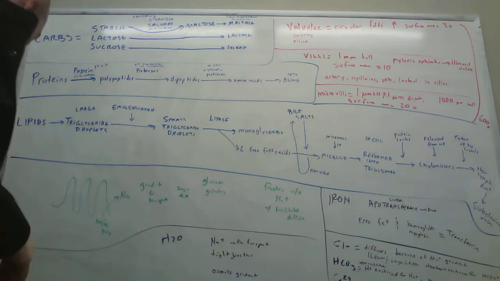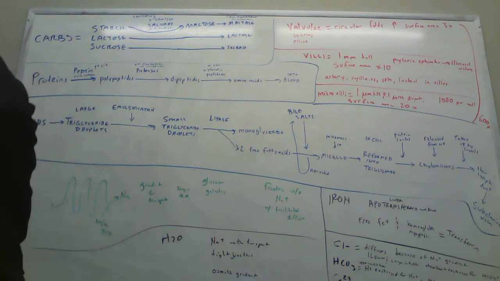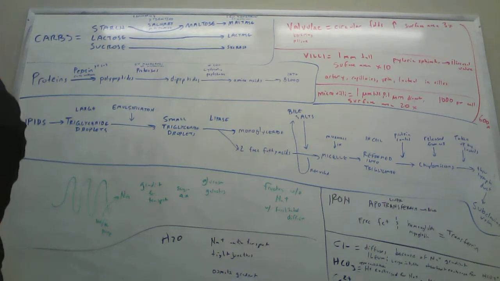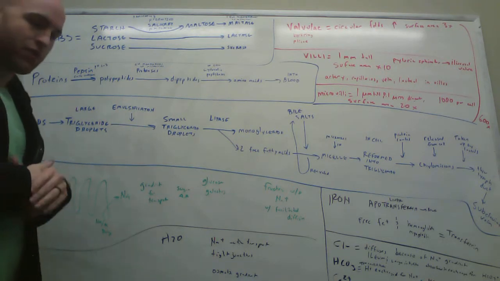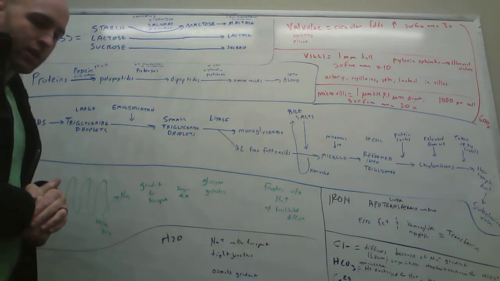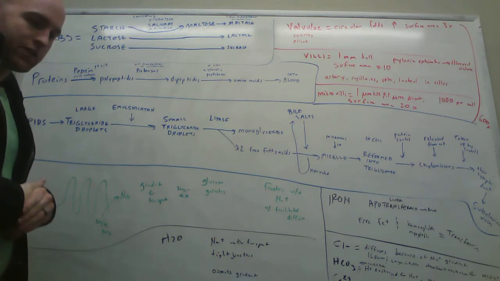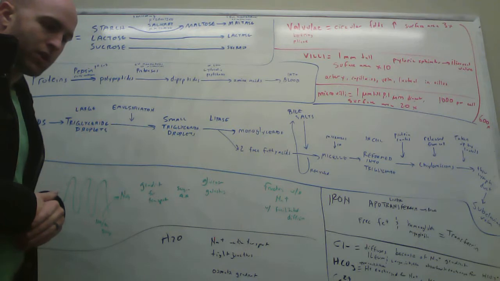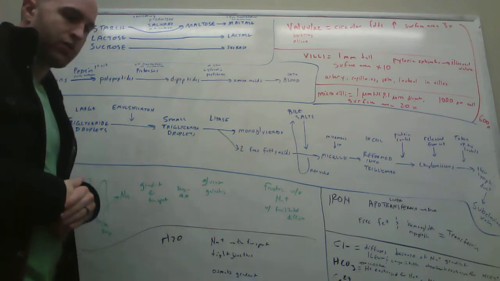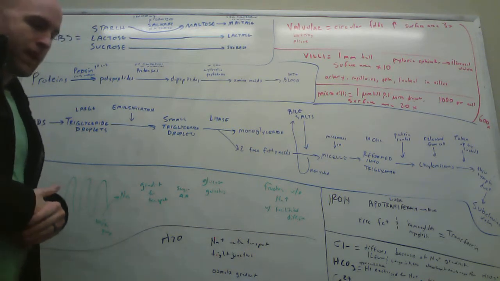Pretty straightforward. Now going into proteins. Pepsin cuts the collagen. So pepsin is released from gastric chief cells in response to high levels of acid.